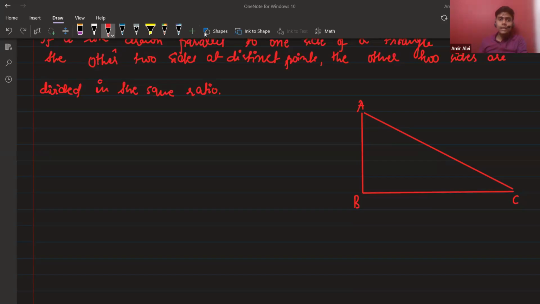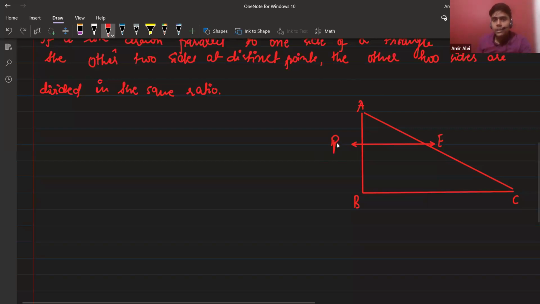If I make a line parallel to one side of the triangle, this line would be like this, yes or no? Let me take a two-arrow sign. Suppose this is D and this is E.